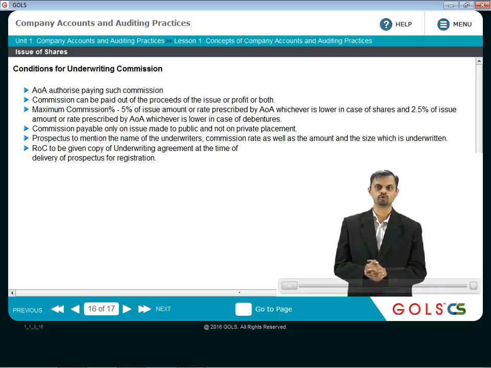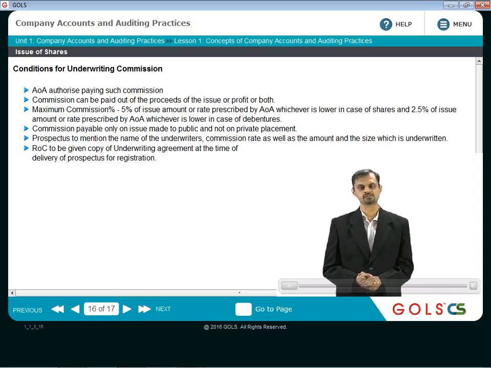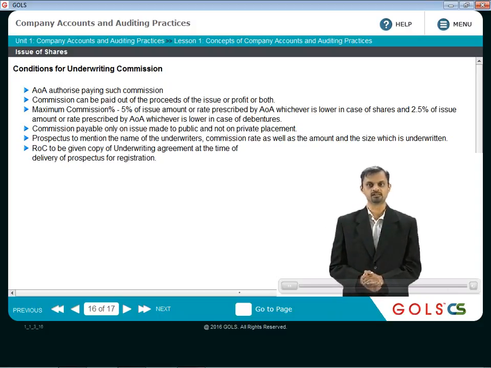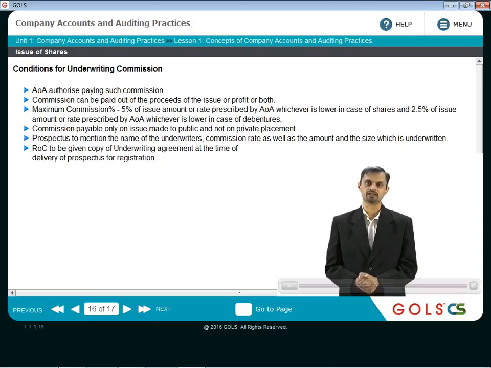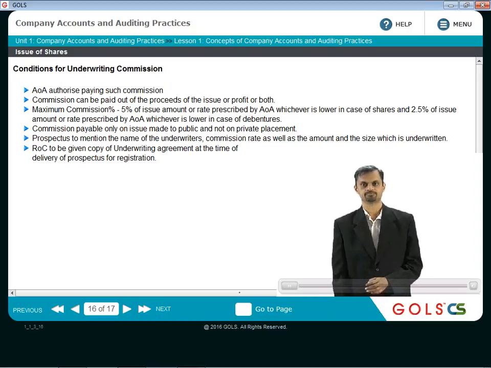So we are going to talk about the size of the underwriting in the practical questions. It can be a wholly underwritten issue, it can be partially underwritten issue. So all that size will have to be mentioned clearly in the prospectus. Registrar of companies to be given the copy of the underwriting agreement at the time of delivery of prospectus for registration. So at that time itself, the copy of the underwriting agreement has to be given to the registrar.